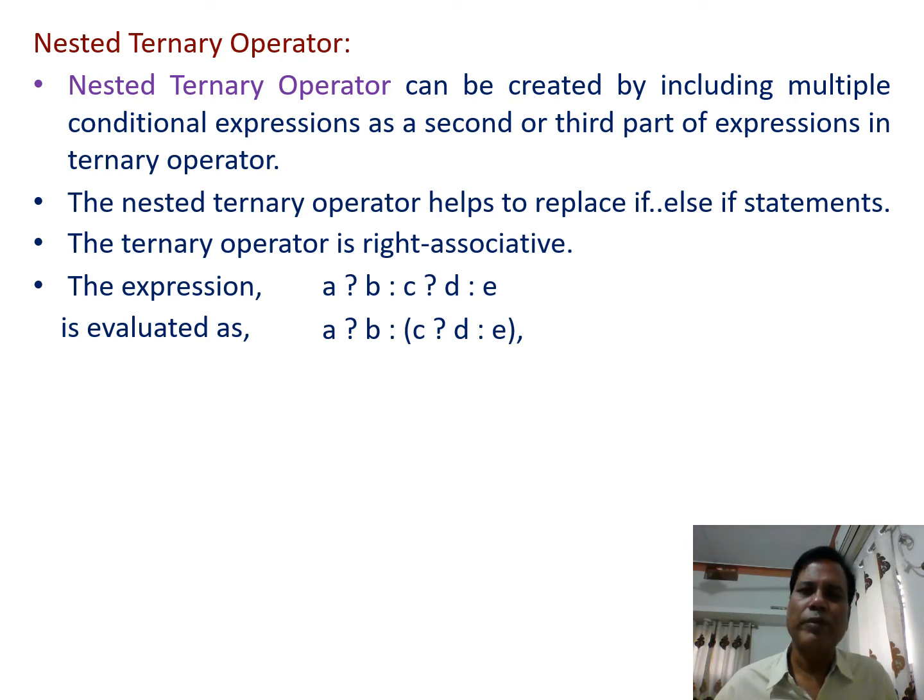So we have to make the association from the right side, and it is not evaluated as (A ? B : C) ? D : E. This is the meaning of right association of an operator.